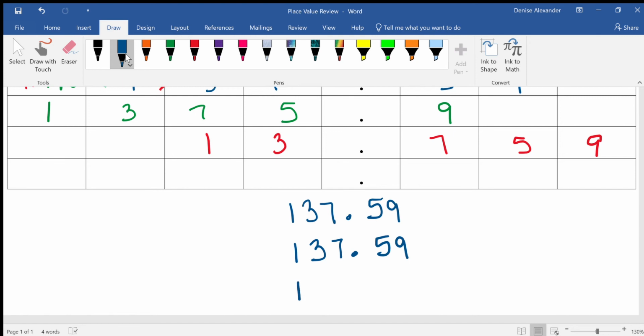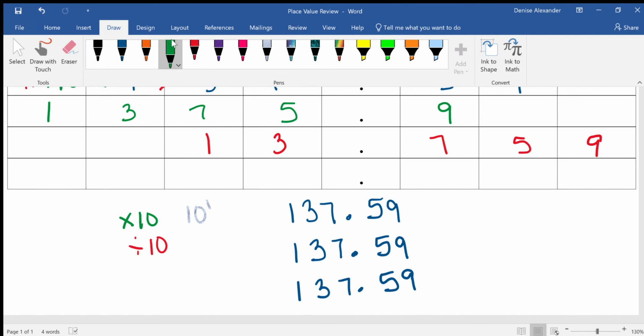And I'm going to show you what it looks like when we multiply and divide by 10. And remember, when we're multiplying by 10, it's actually 10 to the first power, you guys. If I'm dividing by 10, again, it's 10 to the first power, but we're just dividing.